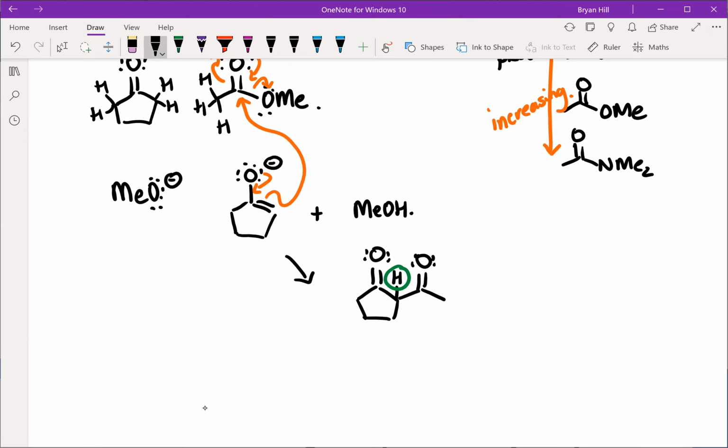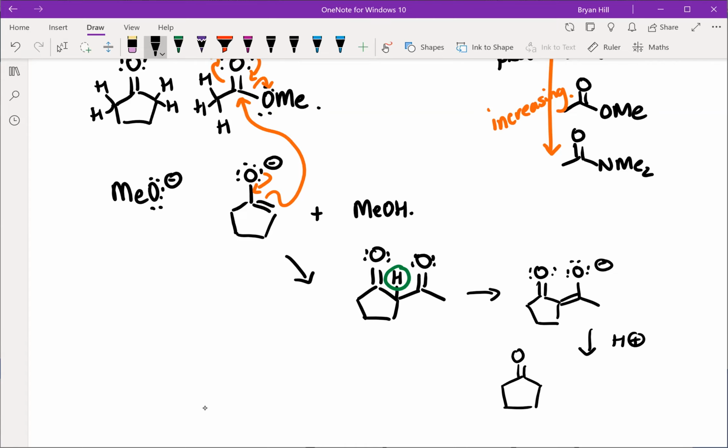You would have a stabilized enolate here. If there wasn't a particularly great electrophile around, it would stay like this until you worked it up with H+, and you would get your final product.